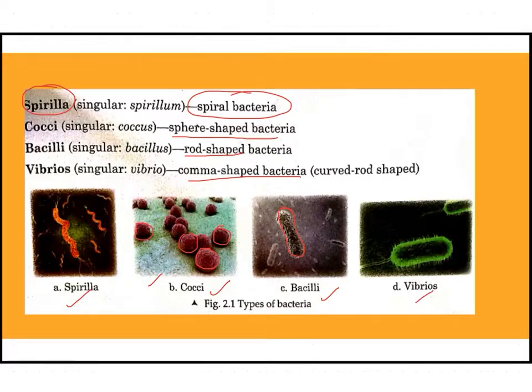What do we call them? We call them vibrios. So we have 4 different types of bacteria: the spiral bacteria, the sphere shaped bacteria, rod shaped bacteria, and comma shaped bacteria. How many types of bacteria? 4 types depending upon the shape.